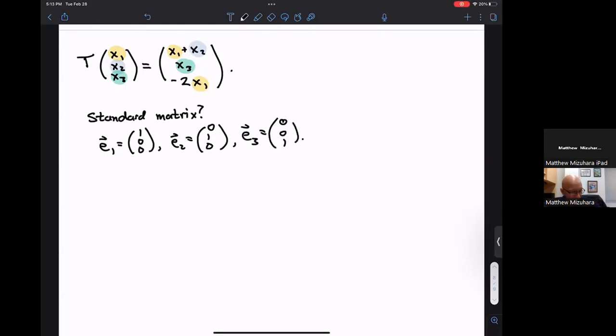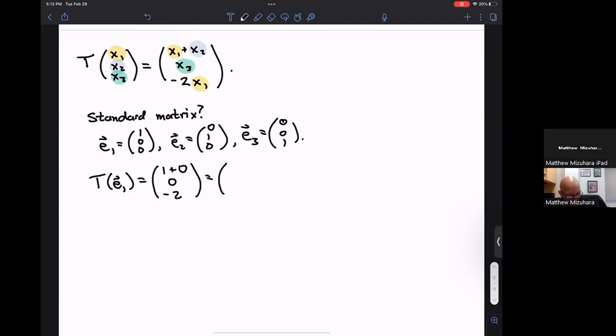Well, let's find out. T of e1 equals, okay, so I'm plugging this e1 into this function. I'm getting 1 plus 0, 0, minus 2.